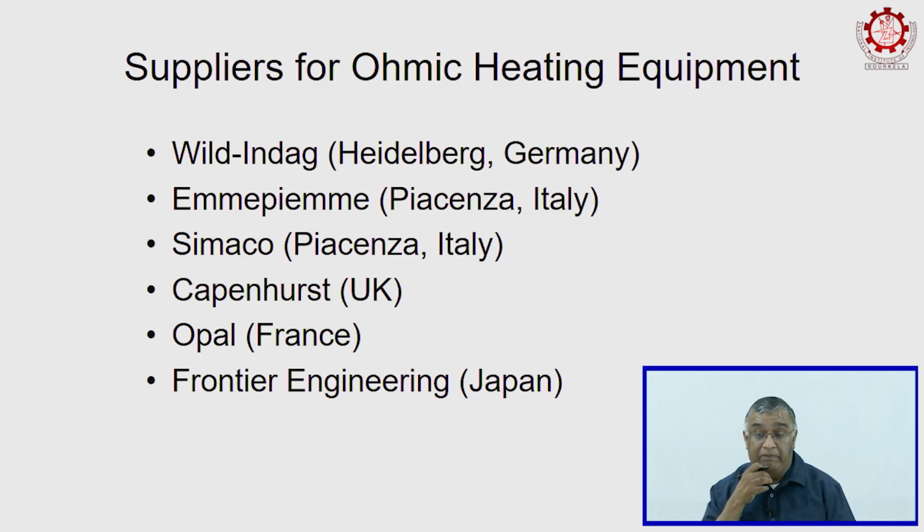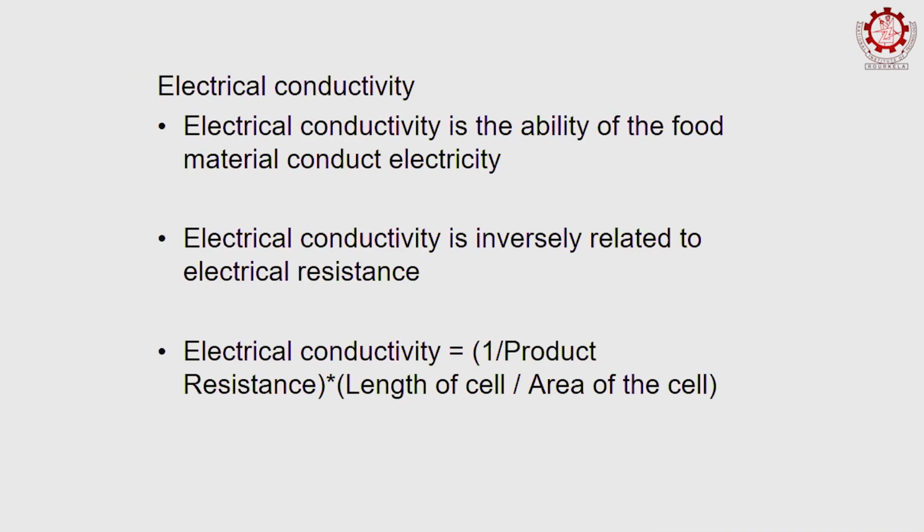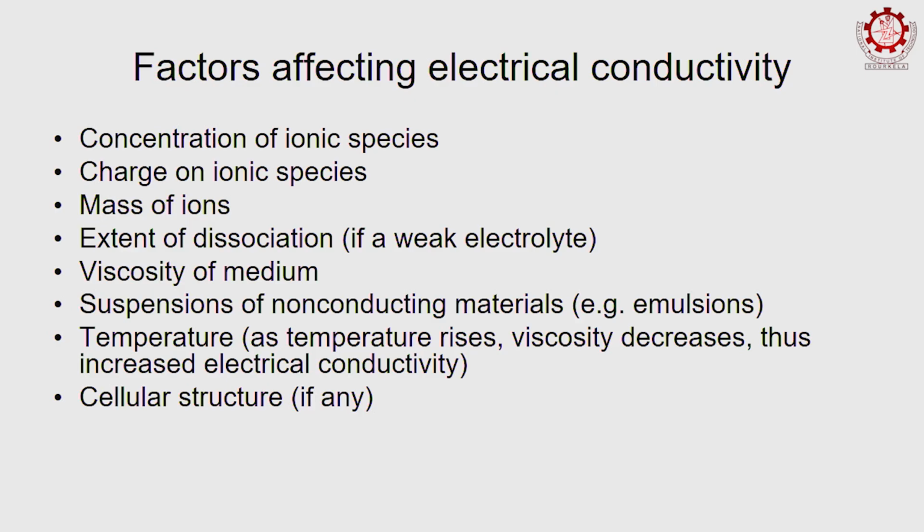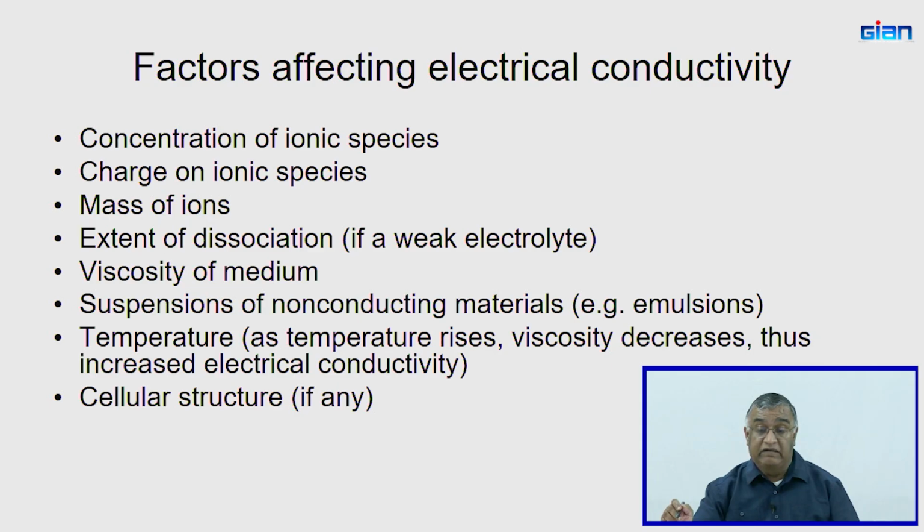There are different companies that supply ohmic heaters. These are just to give some examples. Some of them are located in the UK, France, Japan, Italy, and so on. So, we already talked about electrical conductivity, and we will now look at the factors affecting electrical conductivity.